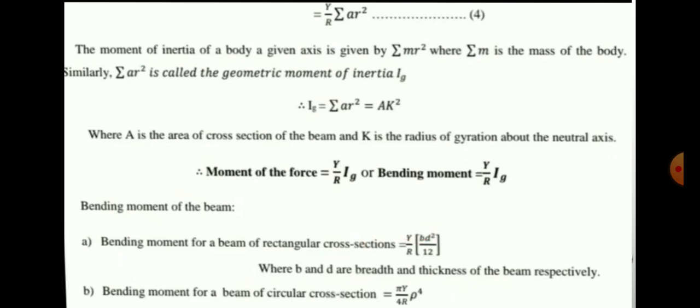Another one is the bending moment for a beam of circular cross section, given as pi Y rho raised to 4 divided by 4 R, where rho is the radius of the beam. Here we completed the expression for the bending of the beam.